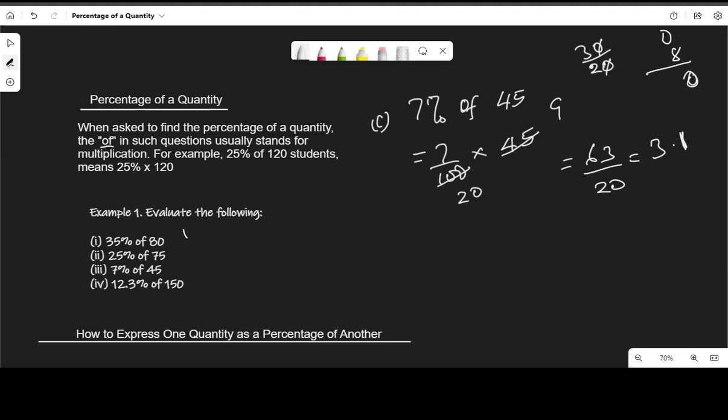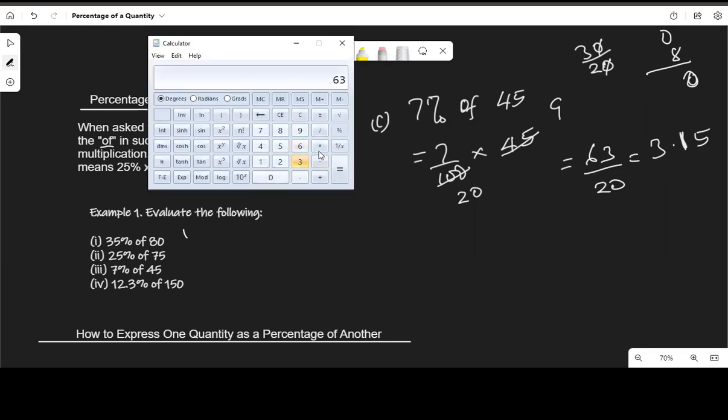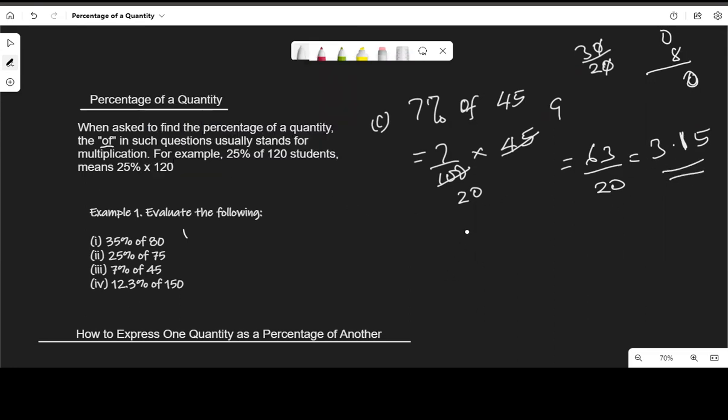And that 10 that remains, if I place a 0 behind it again, that is 100. 100 divided by 20 is 5. So I have 3.15. If I'm not sure, let's use a calculator. 63 divided by 20, 3.15. That is our answer for this question. Oh, I've been using A, B, C. It's actually Roman numerals. Notwithstanding, let's continue with that.